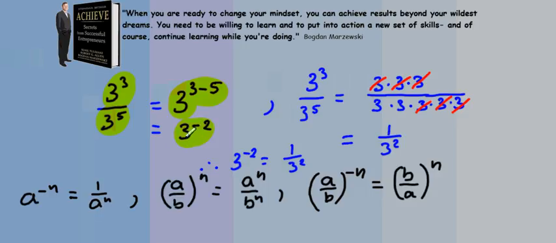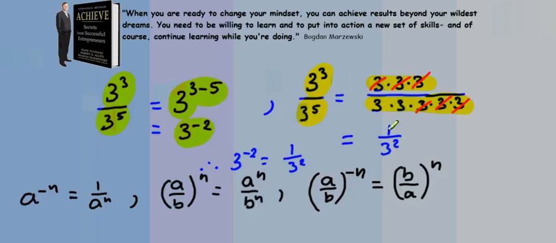But we don't know what that is unless we approach this question from a slightly different perspective. So 3 cubed and 3 to the power of 5, when you expand, you will see that you have 3 times 3 times 3, repeated 3 times, and the bottom is a product of 3 times 3, 5 times.